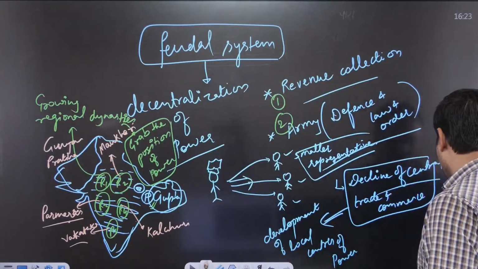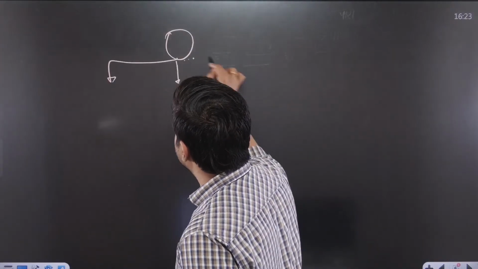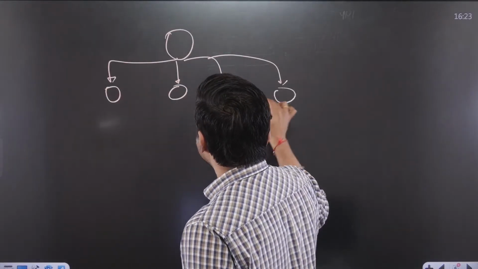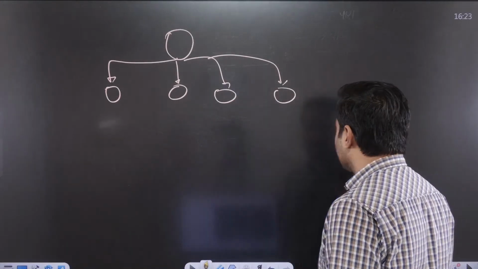Similarly, one of these dynasties will grow powerful. For example, suppose this is one dynasty which has delegated the power to various smaller dynasties. Out of these smaller dynasties, one will be more powerful as compared to the others.